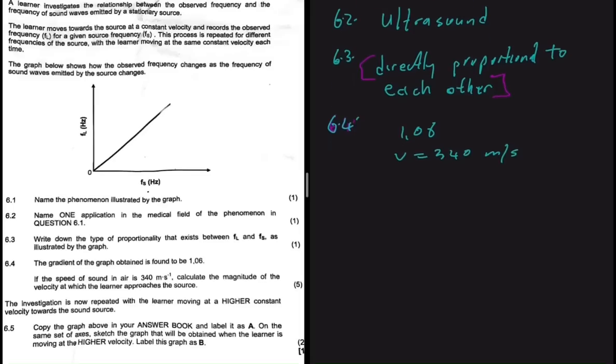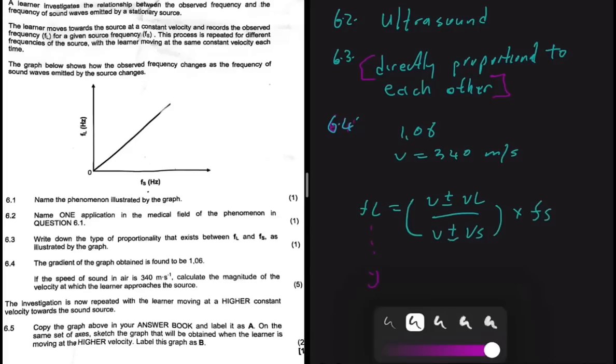So we know fully well that in Doppler effect we have FL equals V plus or minus the velocity of listener, divided by V plus or minus the velocity of the source, everything multiplied by the frequency of the source, right? In our graph we have FL being the Y, and FS being the X. So this expression here will be our what?